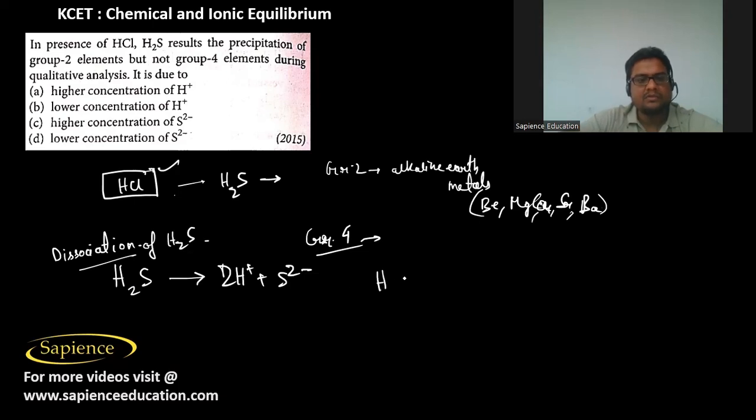And HCl will also undergo dissociation in the form of H plus ion and Cl minus ion.